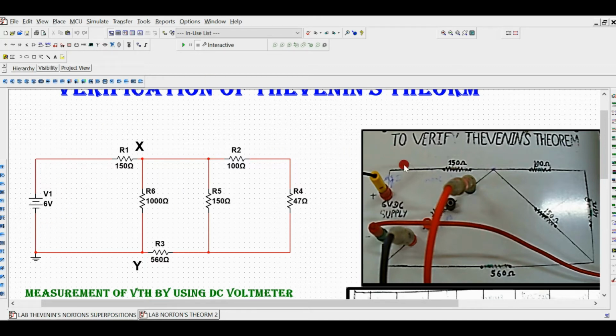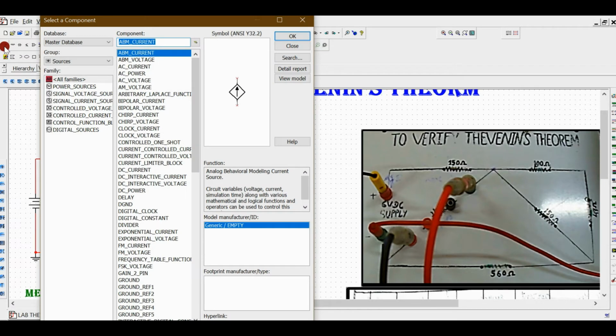So guys, all the components you can import from here, from the place source. See here at the left side, this is the place source section. So you can just click on this, then you will get all the master database from here. You will see all the families are there, power sources are there.